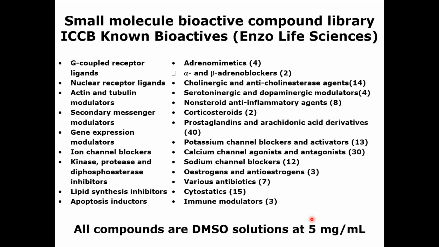That's the impression of the bioactive compound library, which included drugs, adrenomimetics, adrenoblockers, cholinergic and anticholinesterase agents, serotonin and dopamine modulators, non-steroid anti-inflammatory drugs, steroid anti-inflammatory drugs, prostaglandins and arachidonic acid derivatives, potassium channel blockers, calcium channel blockers, sodium channel blockers, estrogens and anti-estrogens, antibiotics, cytostatics, immune modulators, apoptosis inductors, lipid synthesis inhibitors, and many other groups.